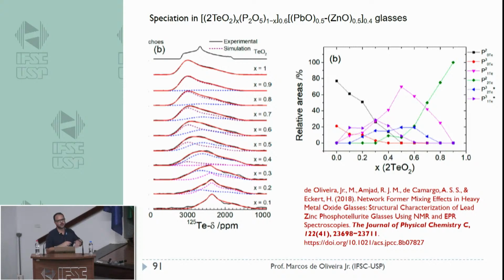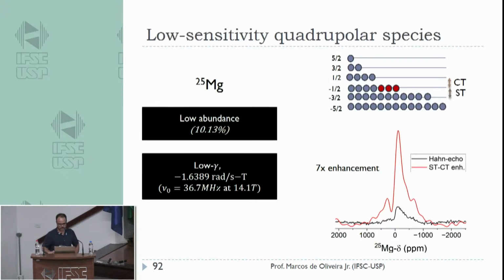Tellurium has a strong chemical shift anisotropy, so we also need these WURST pulses to measure the line shapes. And by correlating this, for example, these telluride phosphate glasses, with phosphorus experiments and other experiments, we can also find out a distribution of the phosphate units we have in the glass, and correlate it with the properties of the glass.